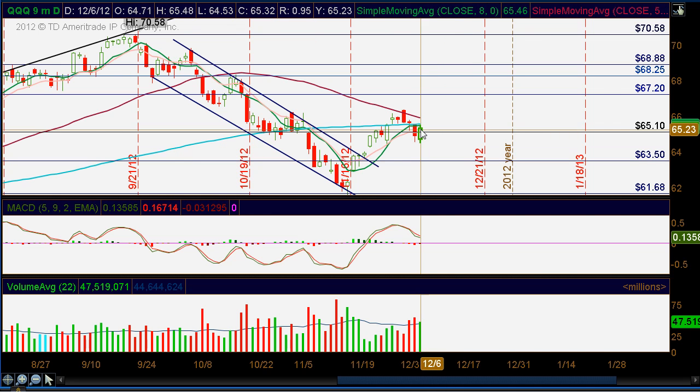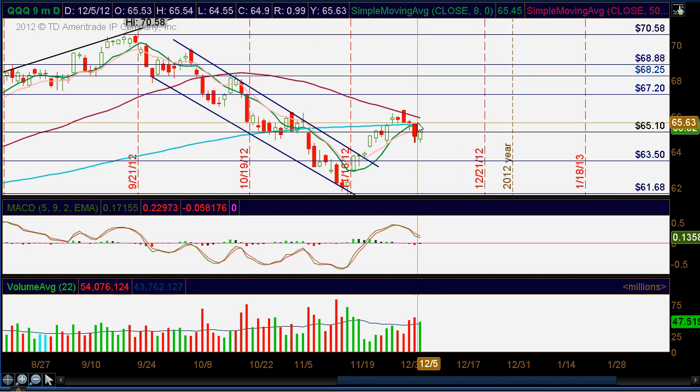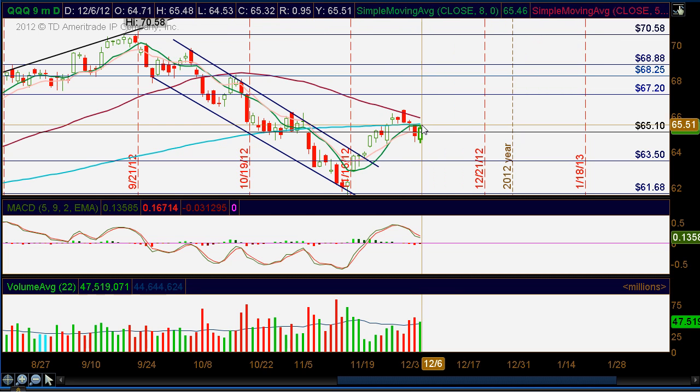But also make sure you keep your eye on those moving averages because these are areas of resistance. If we do ever go higher, first of all, we'll have to break through those, and then we'll have another major area of resistance on our way up at the 50-day moving average, which you see here in dark red. So those areas that I shared with you here are very important.